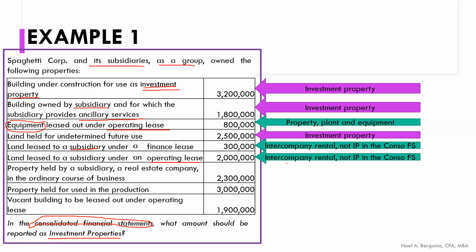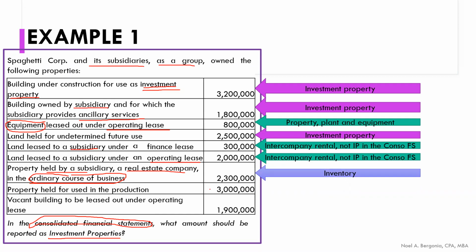Okay? So next, we have property held by a subsidiary. So binili ni subsidiary, which is a real estate company, in the ordinary course of business. So binili niya for ordinary course of business. So technically, it's not investment property, but rather an inventory. Okay? The next, a property held for production purposes.